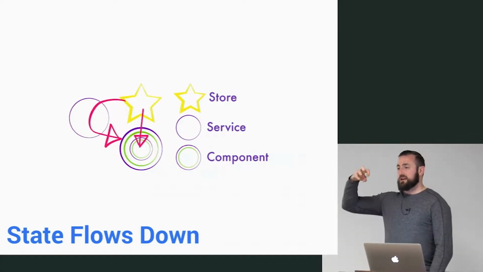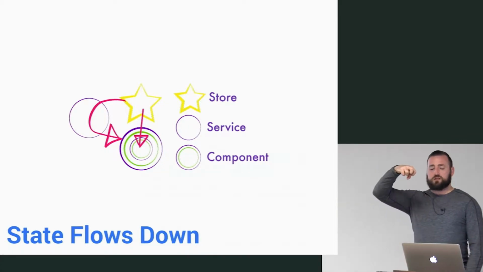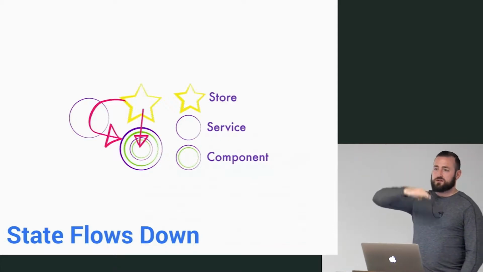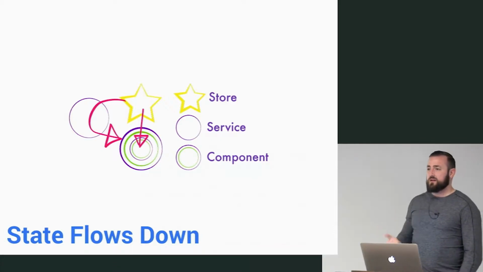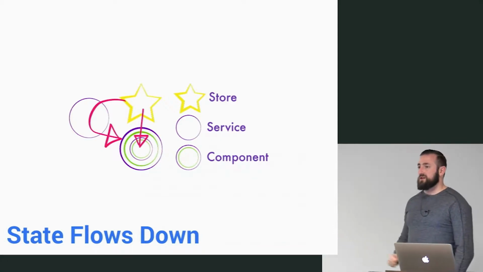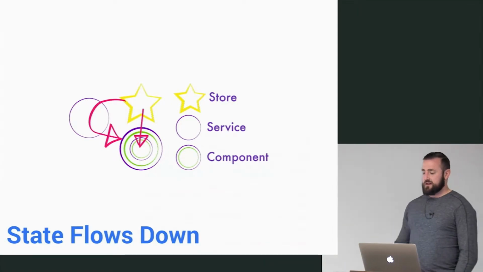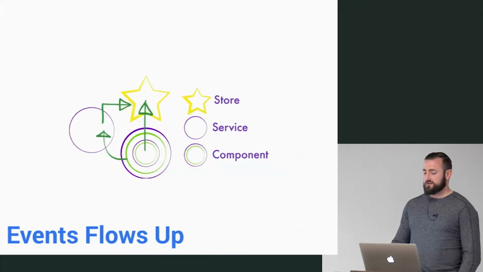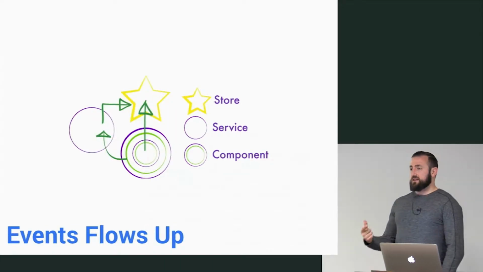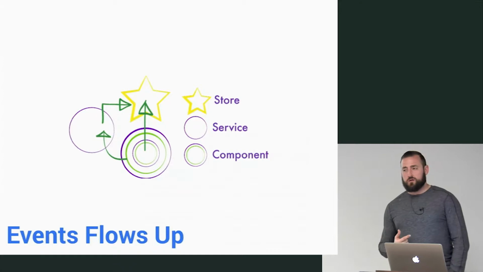But state is at the center of the universe in your store, and then it flows down. And by flow, it just gets pushed, and you never actually have to do anything other than make that initial query of, hey, I'm interested in this thing, and give me an observable so that I know how it's working every single time.